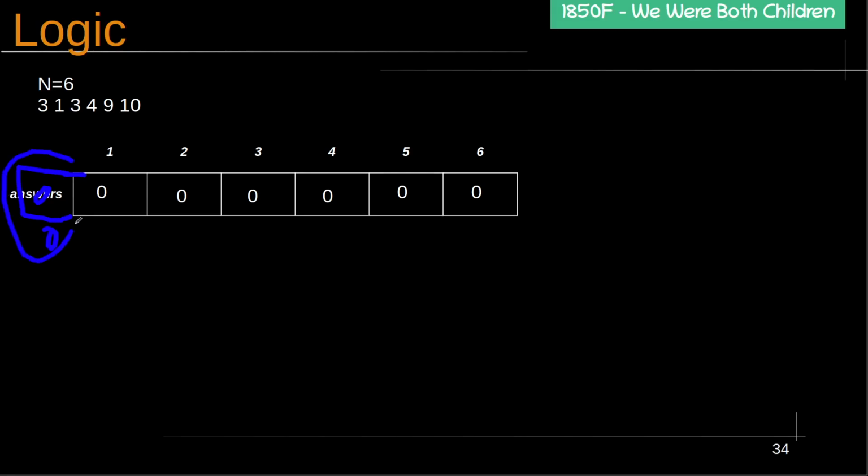This cell will not be used because we will only use from 1 to 6. This is because Slavic and Mihai can place a trap only in one of these positions from 1 to 6.